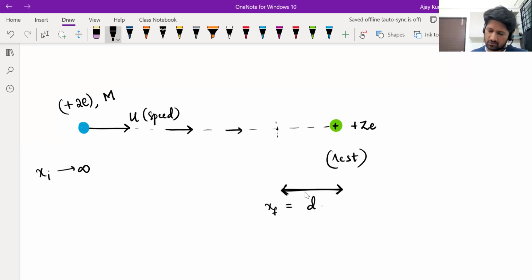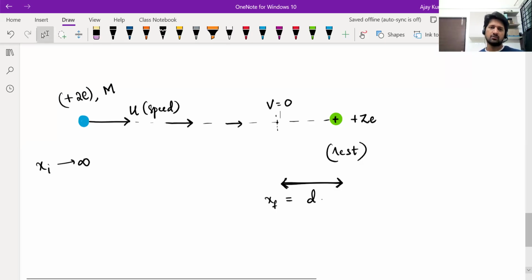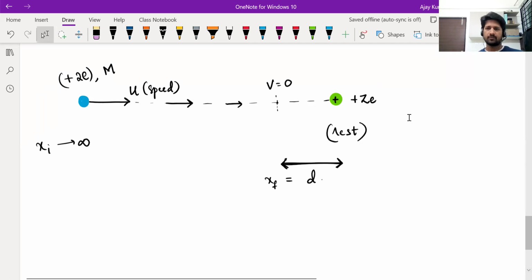Now, you know it slows down and stops somewhere. Find out the shortest distance of approach. Find out how close it gets to the nucleus. Answer will be in terms of e, Z, capital M, u and Coulomb's constant K.